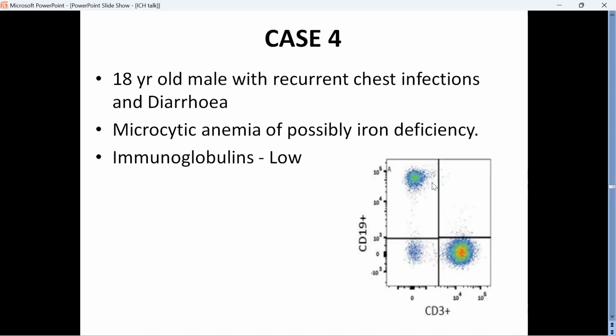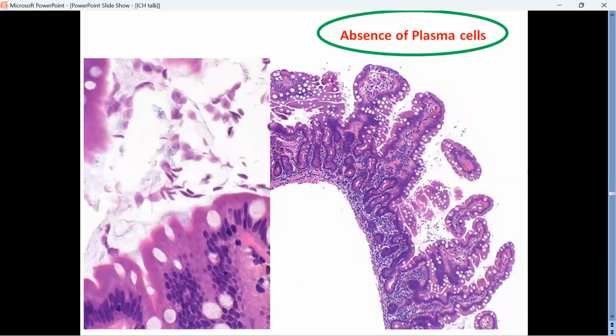The subset analysis showed normal T cells and normal B cells, so this didn't give us any clue. We went ahead with extended lymphocyte subset analysis. By then, since there was refractory diarrhea, an upper GI endoscopy was done and a duodenal biopsy was taken, which showed these organisms, consistent with giardia.